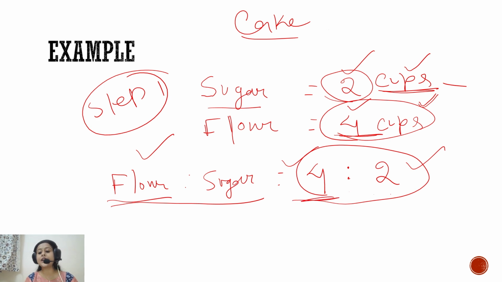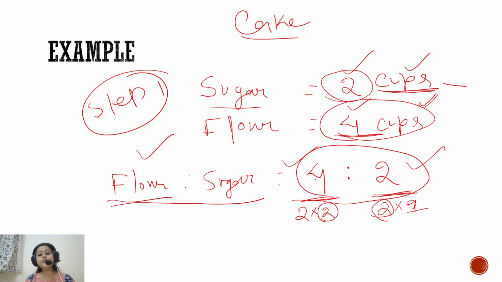So if I factorize this, 4, I'll get 2 into 2, and if I further factorize the second term, I'll get 2 into 1, right? So in 2 into 2 and 2 into 1, the greatest common divisor is 2. So I will divide both terms of this ratio by 2.